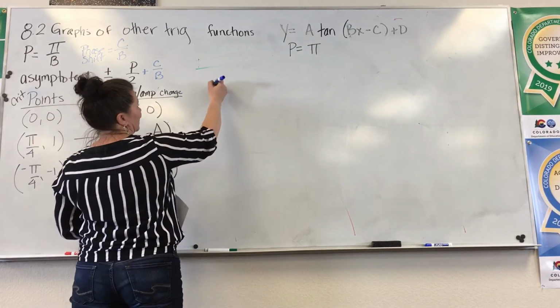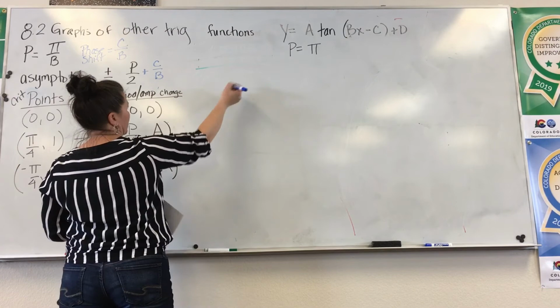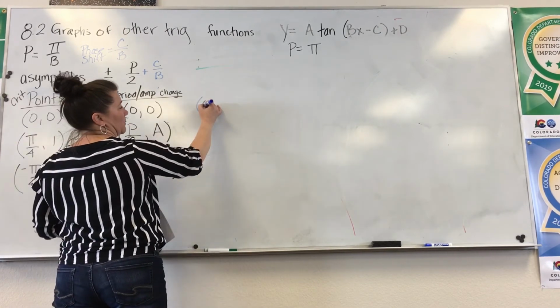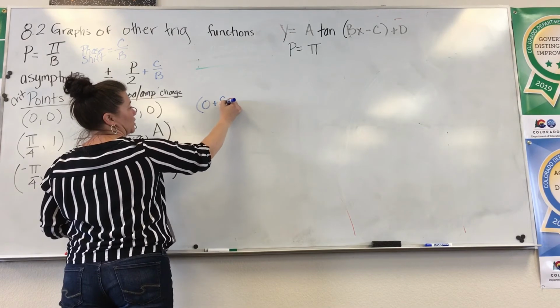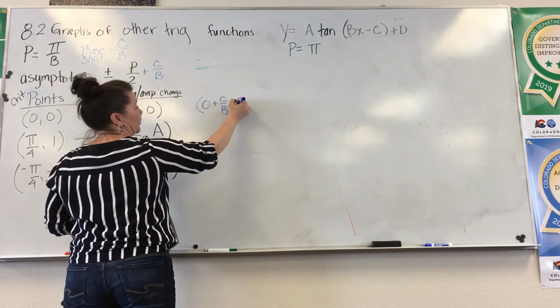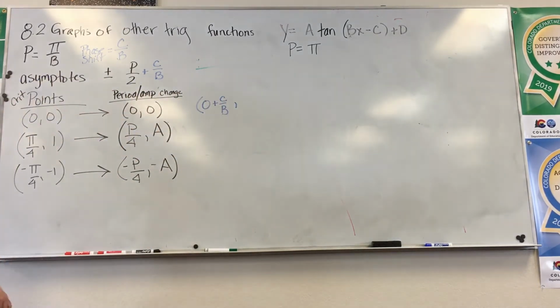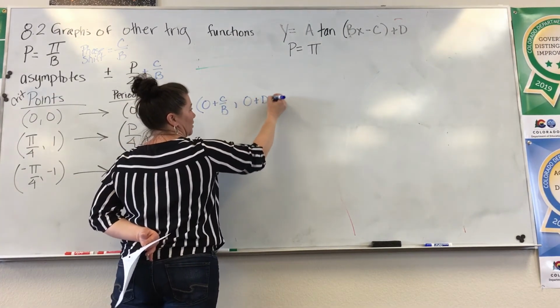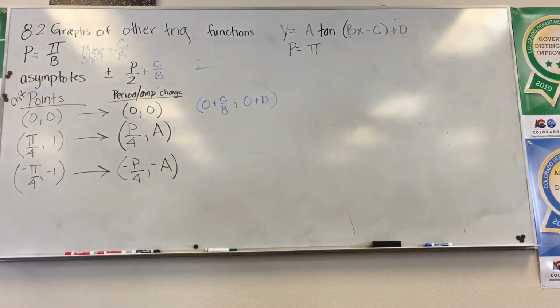So here, if we have everything, we're going to have 0 plus the phase shift, and if we happen to have a D value, we're going to have 0 plus the D value for our y. Because if we've moved to the right, we add the phase shift, and if we've moved up, we add the D value.